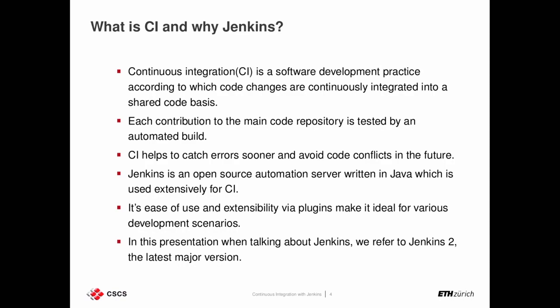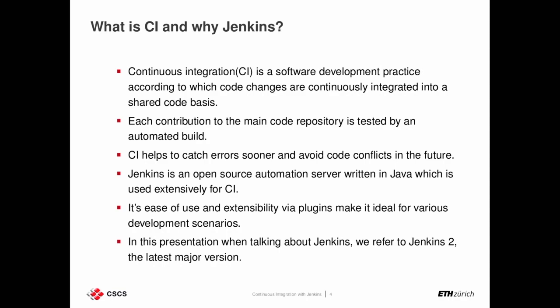So Jenkins is an open source automation server. It's written in Java and is used extensively for CI. It's easy to use, and its success is mainly because of its extensibility via plugins.